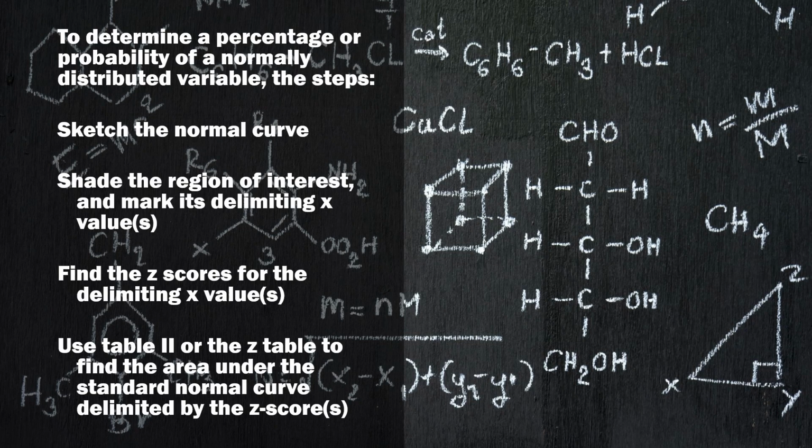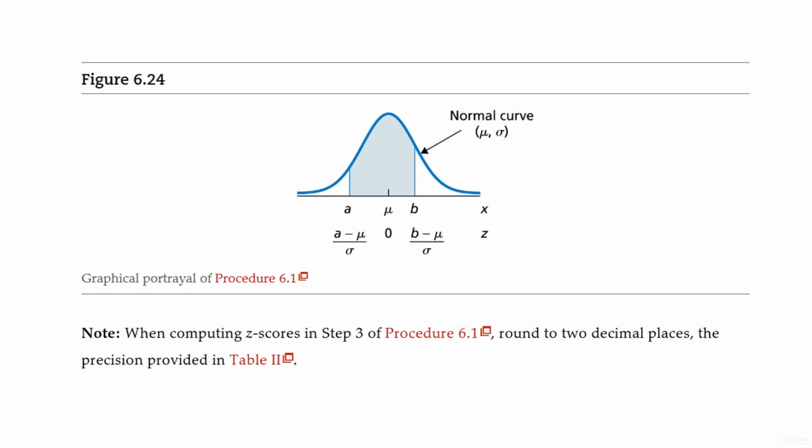Next, find the z-scores for those delimiting x values, and then use table 2 to find the area under the standard normal curve delimited by the z-scores that you had already found in the third step. Those steps are illustrated here for you. So again, sketch yourself out a normal curve. You know it's going to center on mu, and the standard deviation will generally be within 3 of the mean.